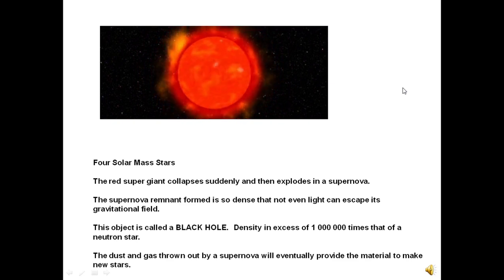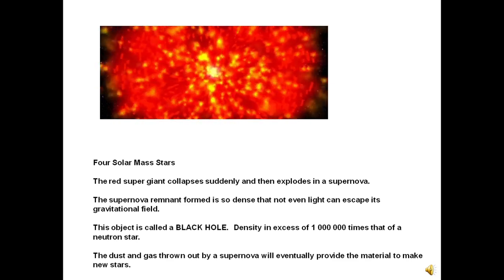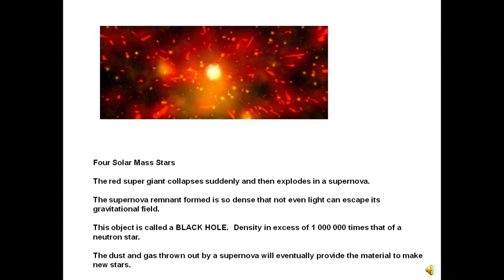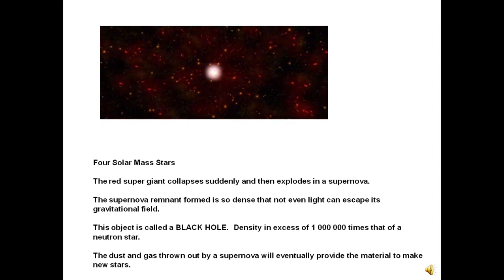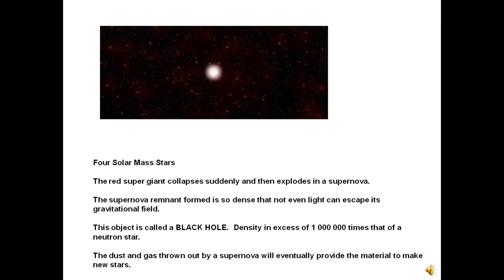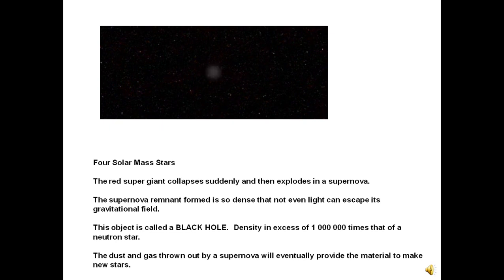If it's a very big star, then you have that red supergiant supernova, but what's left behind is a black hole. We call it a black hole because it is so dense that even light can't escape the gravitational pull, hence the black.